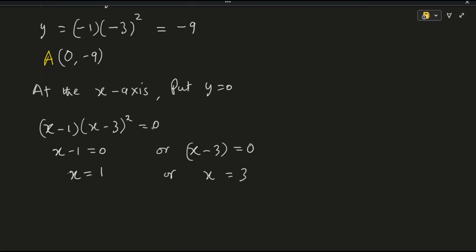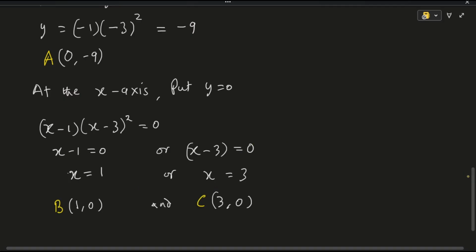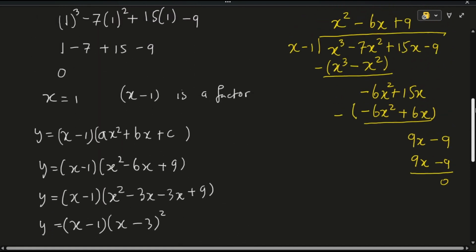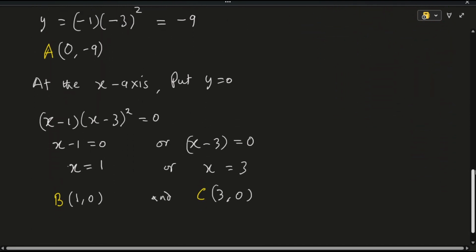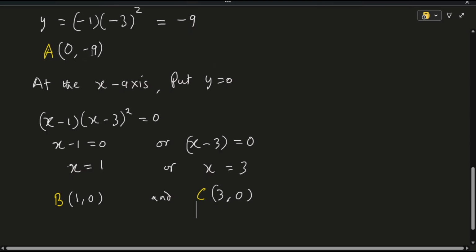So the curve is cutting the x-axis at 2 points: first at the point 1, 0 and 3, 0. Let's consider this point as point B and this one as point C. So this is the first part of the question where the curve is cutting the y-axis at the point 0, -9, and it is cutting the x-axis at the points 1, 0 and 3, 0.